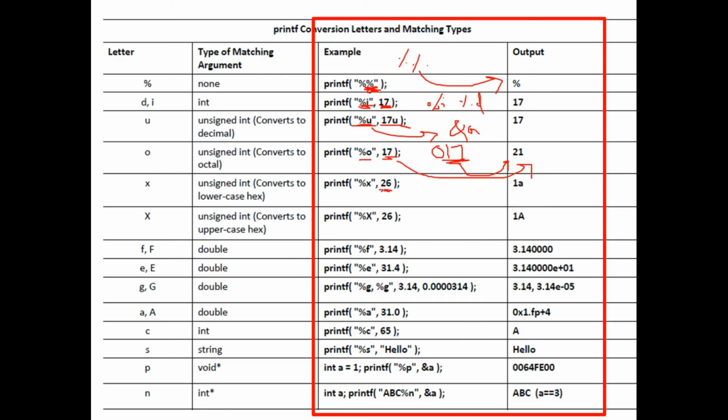What is the value of 26 in hexadecimal format? That is 1a. But here, instead of lowercase abcd, we are writing capital ABCD, so that will be 1 capital A. And how can we write 3.14 as a float using %f? After the point we have 6 places reserved for the digits, and so on.